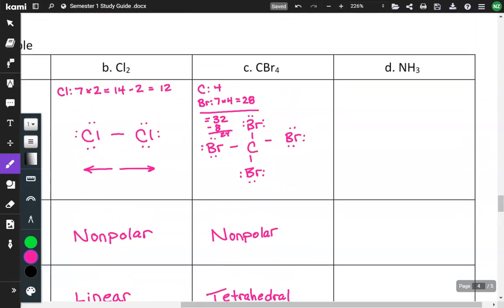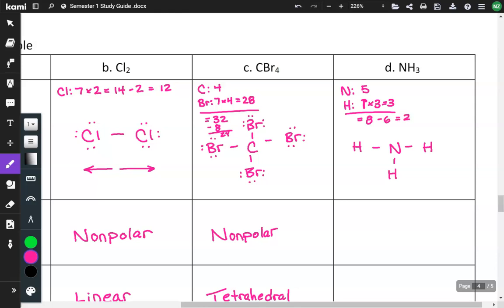Okay, NH3. We have nitrogen and hydrogen. Nitrogen is 5, hydrogen is 1, and there are 3 of them. 5 plus 3 is 8. Nitrogen goes in the middle. Hydrogen, hydrogen, hydrogen. 2, 4, 6. That leaves us 2 left.